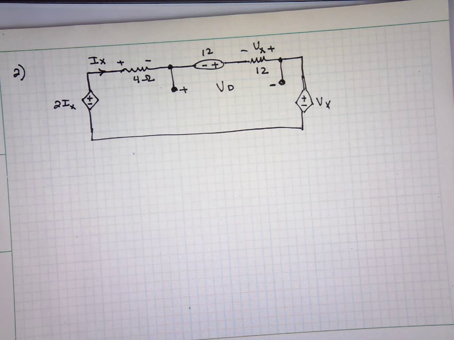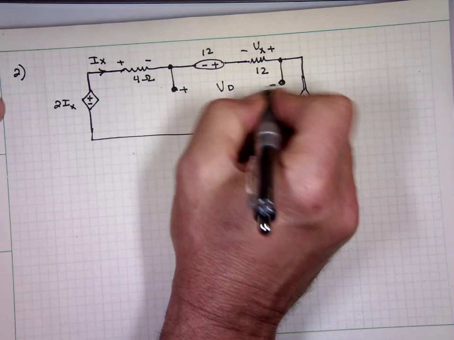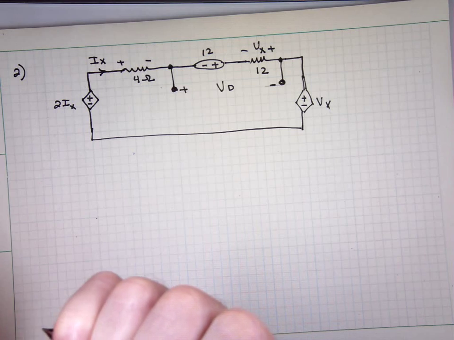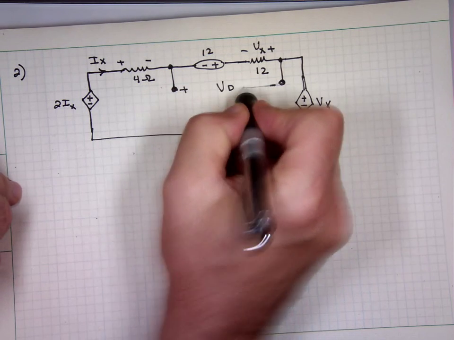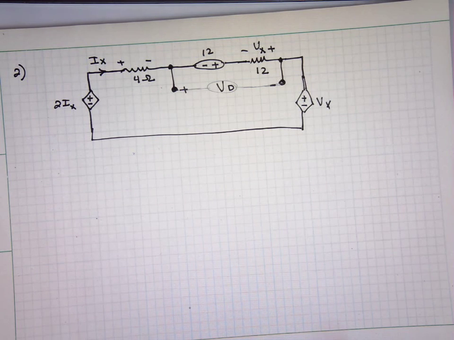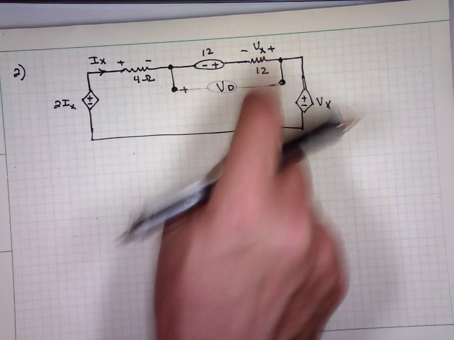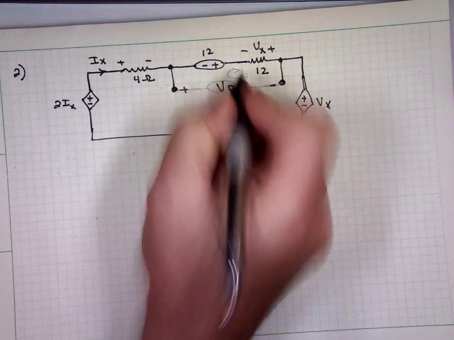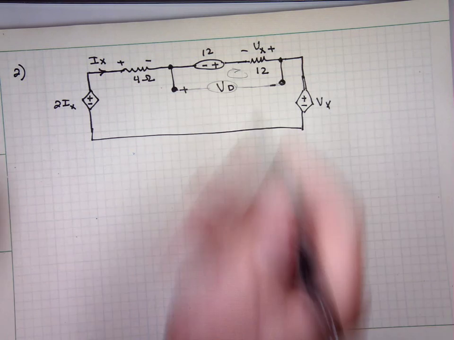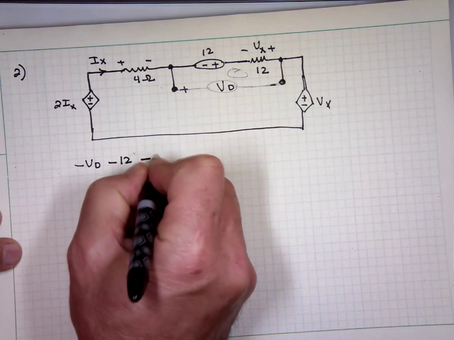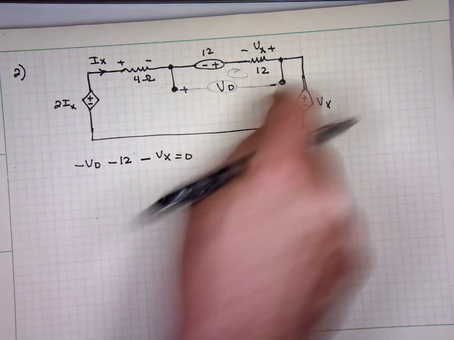This is my meter. In the lab, you take the black one, attach it to the minus, the red one to the plus. What am I reading? Well, if you do that, you have a closed loop right now. And if you travel this way through it, you'll have negative V out minus 12 minus Vx equal to 0.